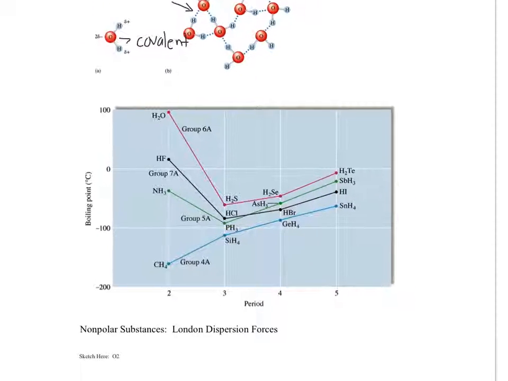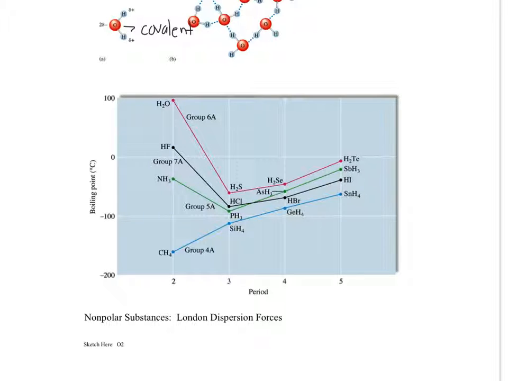And what we want to look at on this last diagram here is it's showing you that with your H bonds, the boiling point is very, very high. So here's the boiling point of water, 100, HF and NH3.